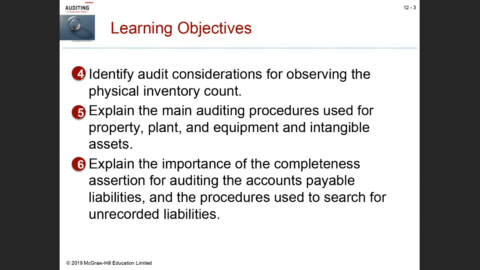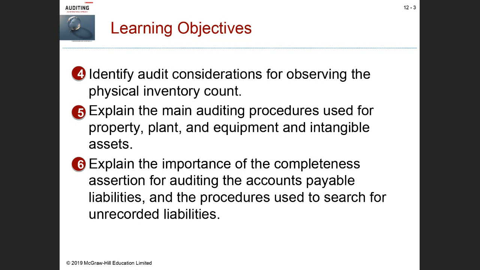Because remember, inventory is part of what we call the cost of goods sold model. The cost of goods sold model simply says you take your beginning inventory, you add your purchases for the year. At that point, you have what's called cost of goods available for sale. Then you deduct your ending inventory at the end of the year, and the balance is your cost of goods sold.